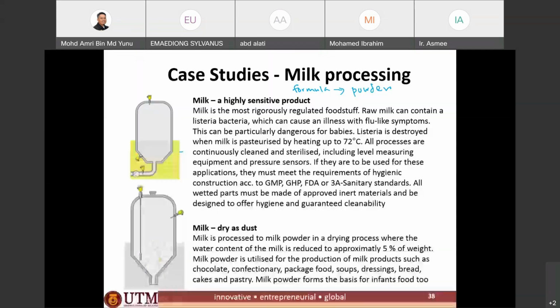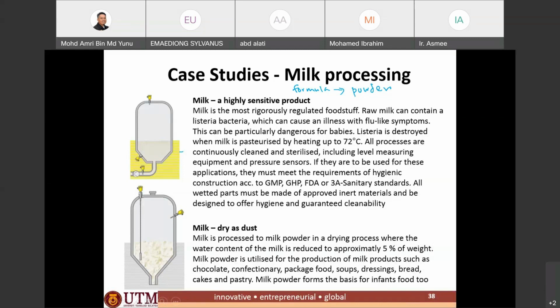Okay, so for the case study, we look into this method, in this case milk powder.